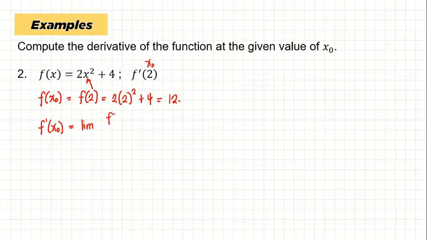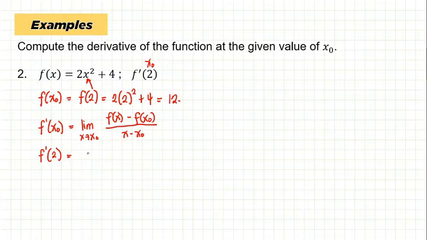Next, we will solve for f prime of x sub o, and that is equal to the limit of f of x minus f of x sub o all over x minus x sub o as x approaches x sub o. So let's substitute x sub o is 2. So we have f prime of 2, and that is the limit of f of x minus f of 2 all over x minus 2 as x approaches 2.